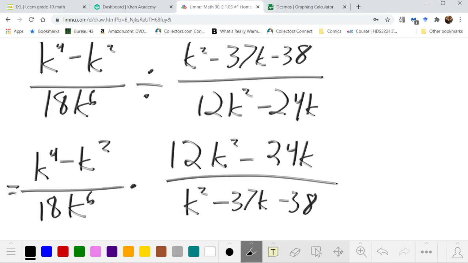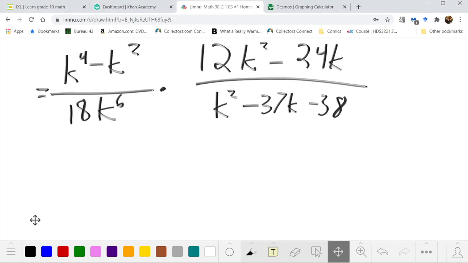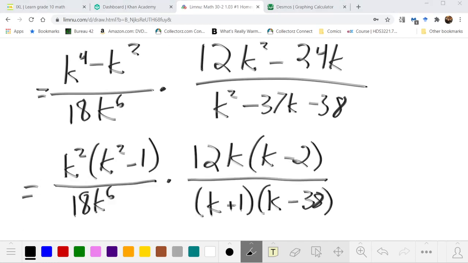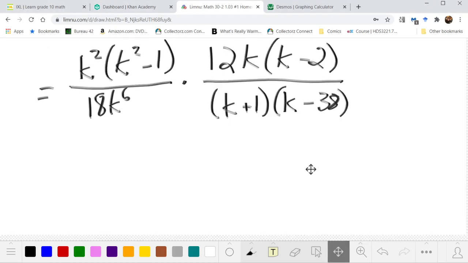And now that we have this, we can start factoring our numerator and denominator. In this first stage of factoring, I have just pulled out common denominators or common factors where I can. That's that common monomial factor, and then that's only that second denominator that has been fully factored.